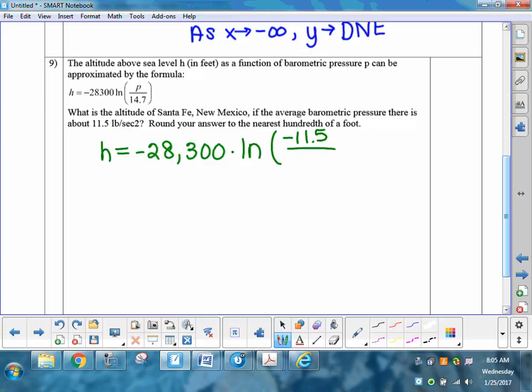Oh, sorry, I made it negative. 11.5 over 14.7. Easiest question of the day? Probably. Now, just by the way, am I expecting you to do this by hand? No. Go into your calculator, type that in. Round it appropriately.